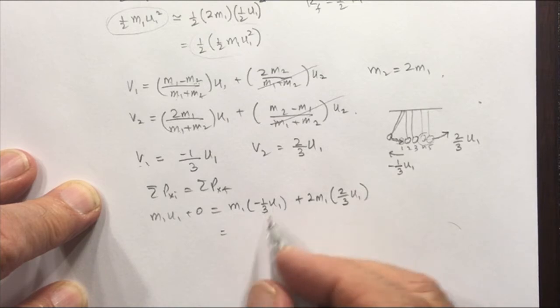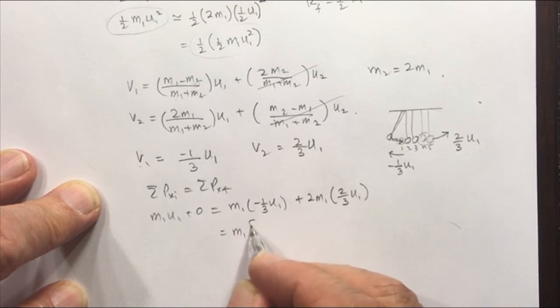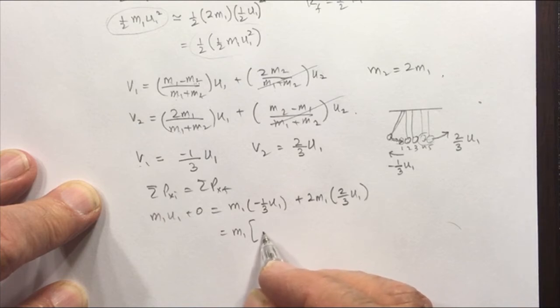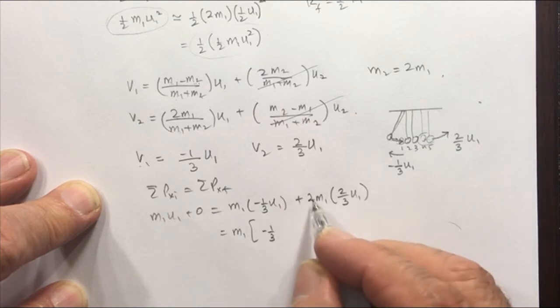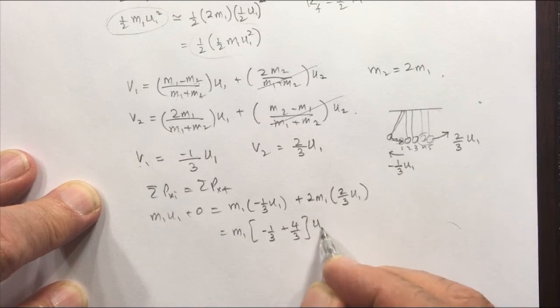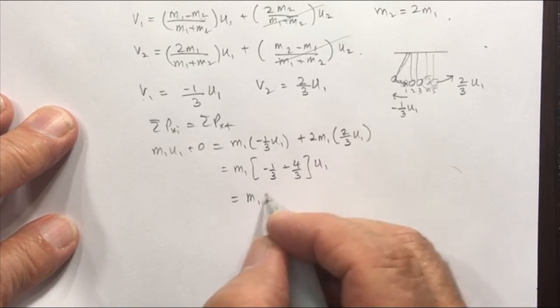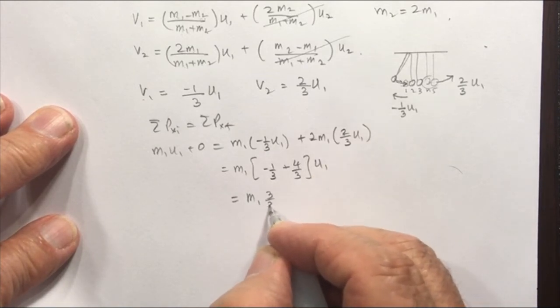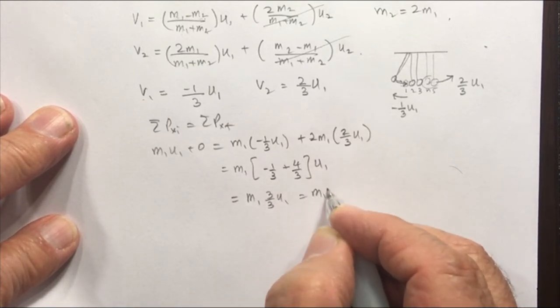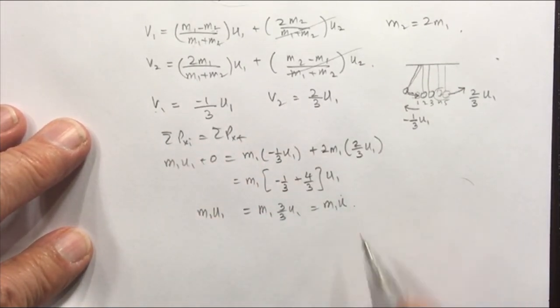We just take the m1 outside, and it's going to be minus 1/3 plus 4/3 of u1, which is 3 by 3 u1, which is m1 u1. So m1 u1 equals, the initial equals final. So the momentum is also conserved.